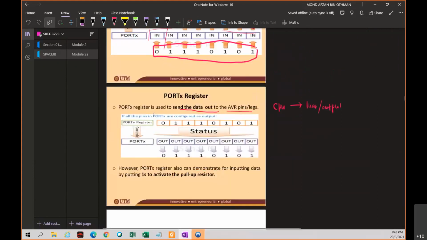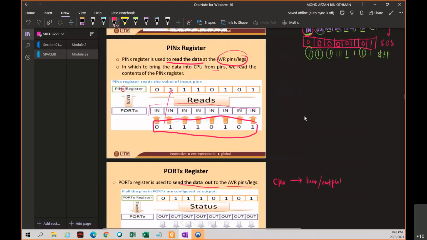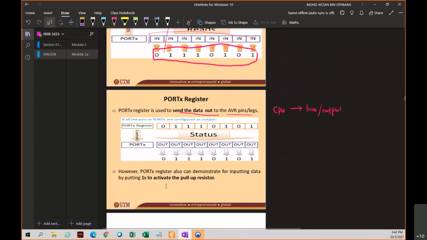Yang ni tadi, data daripada input, nak bawa masuk ke dalam CPU. Okay, so however, port X register also can be demonstrated for inputting data by putting one to activate the pull-up resistor. Okay, yang ni kita akan tengok nantilah apa fungsi pull-up resistor.